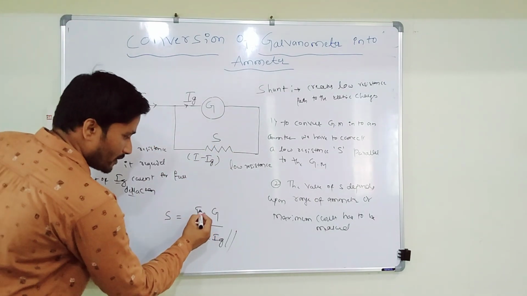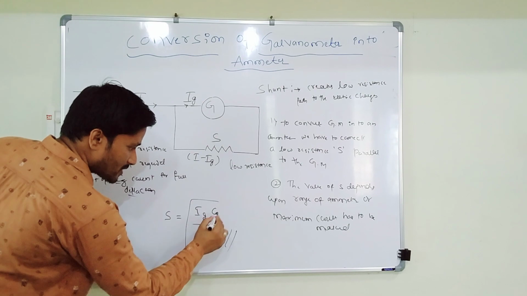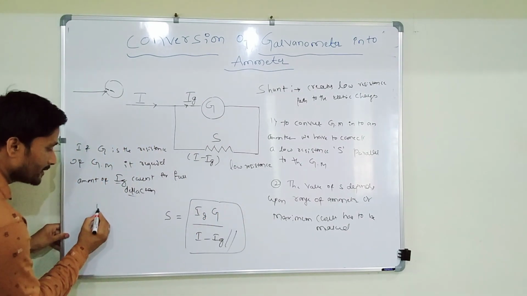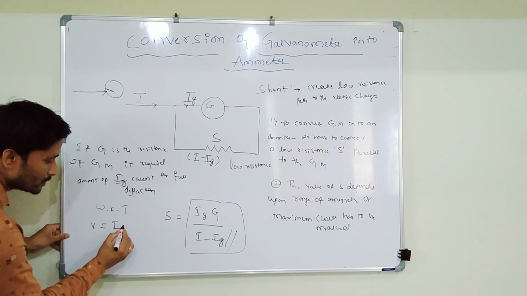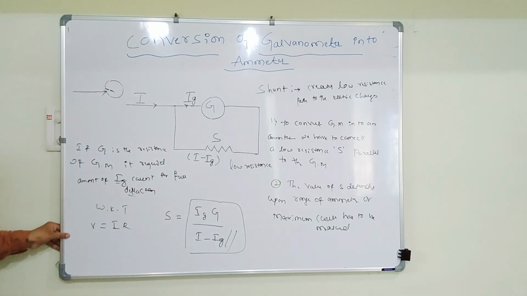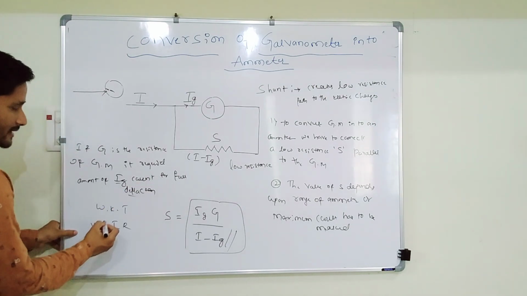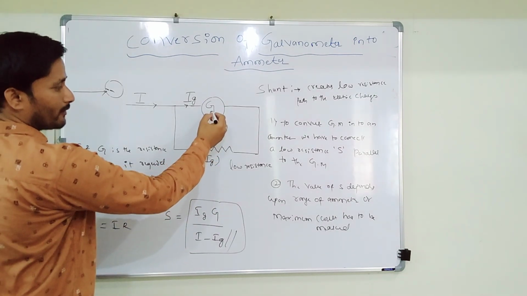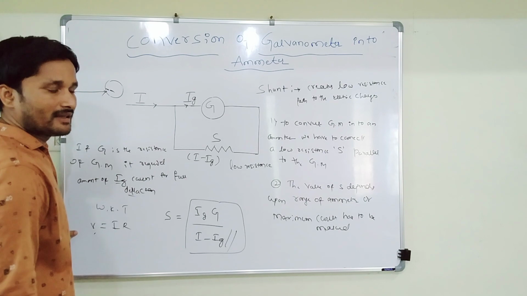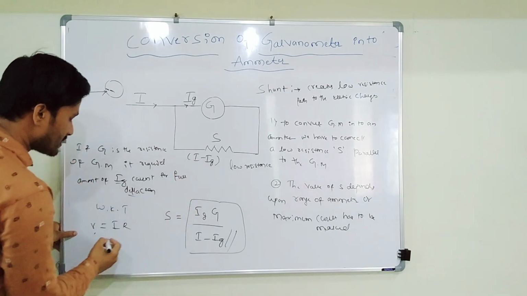Now, let's understand how this equation comes. We know that V is equal to I into R. Here we use the common voltage for the galvanometer as well as for the low resistance, whose current is I minus Ig.